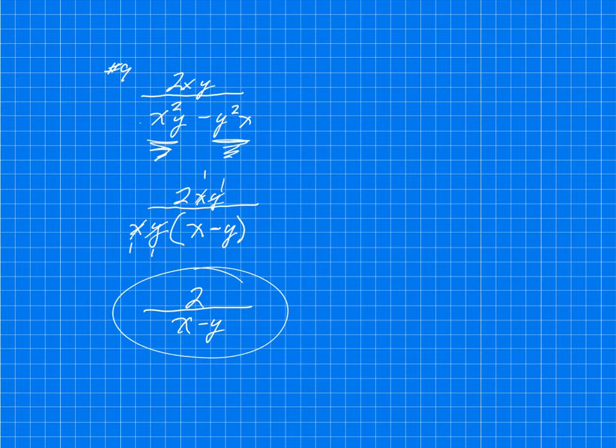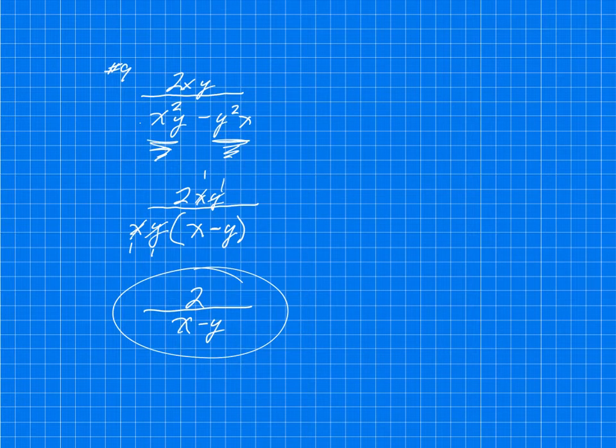At this point, I encourage you to go ahead and move forward. The next one for you to do is number 12. Take a moment and look at number 12.